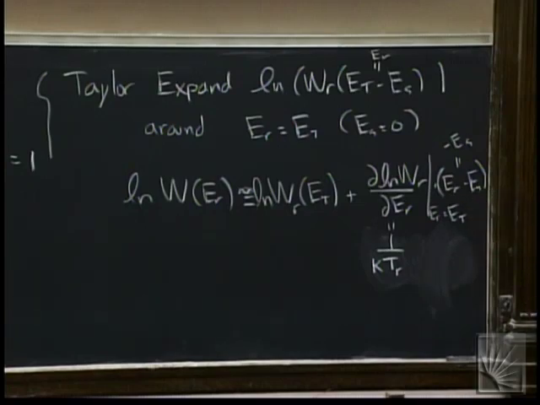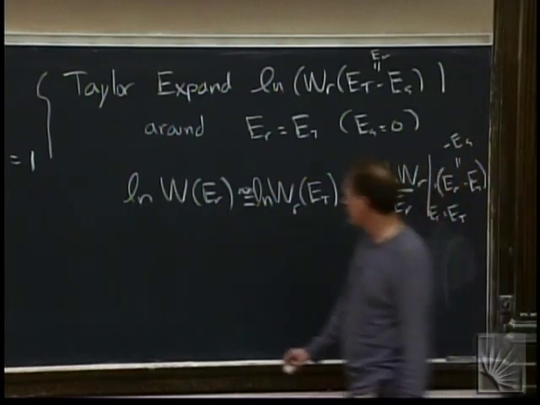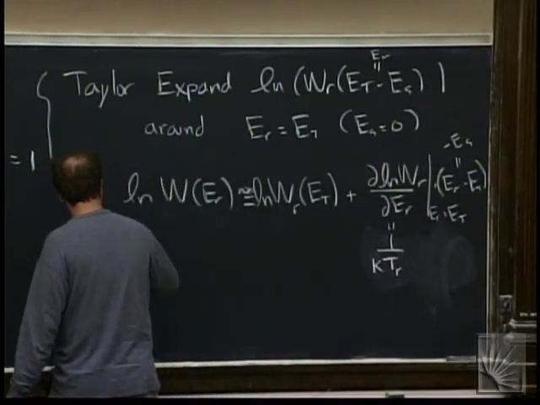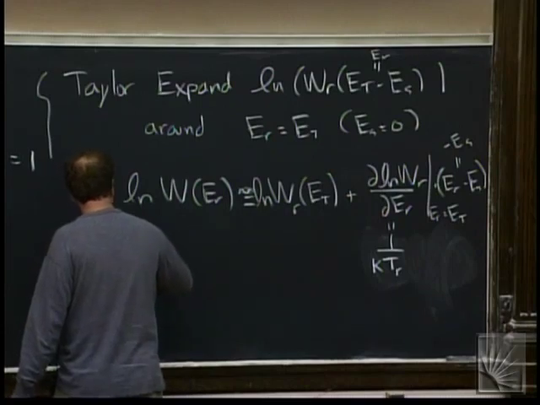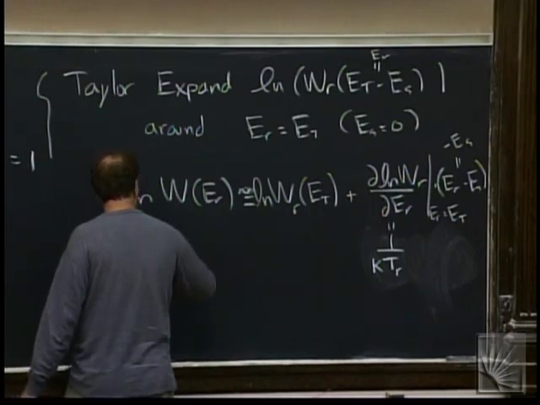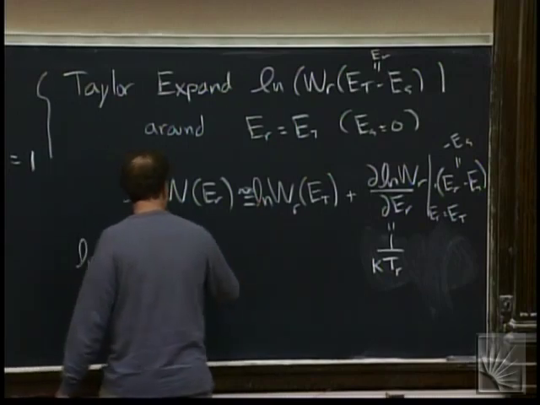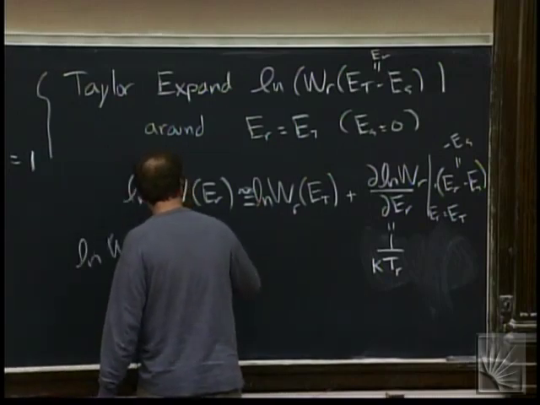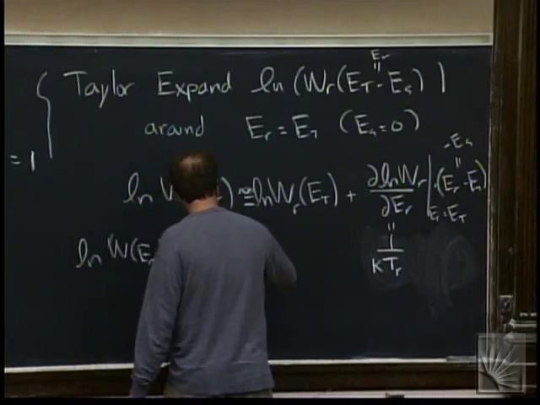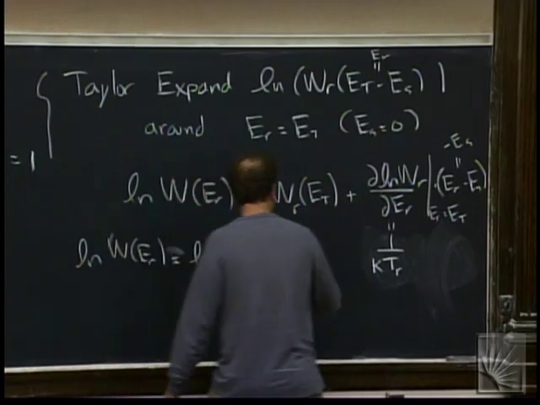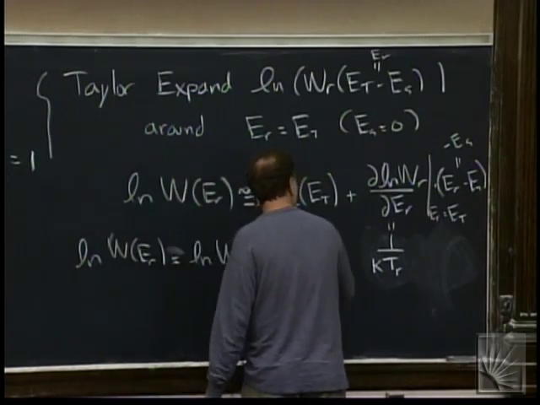Okay? So I just wrote that the natural log of W of E_R is approximately equal, and I'll just throw away the approximate. We just have to remember that it was approximate. But in fact, we're going to forget that it's only approximate.